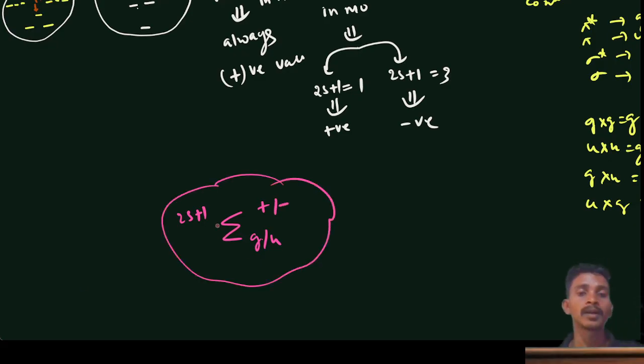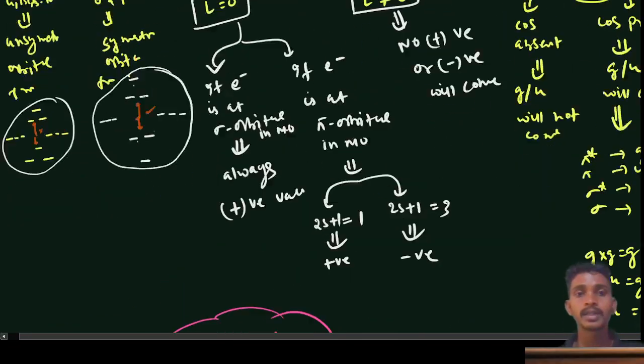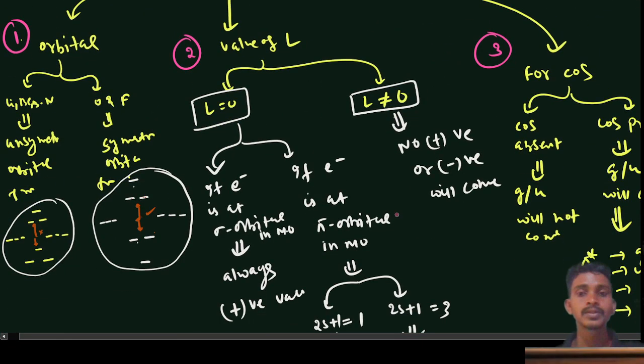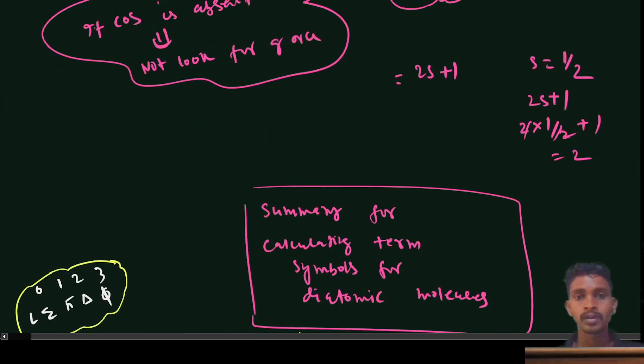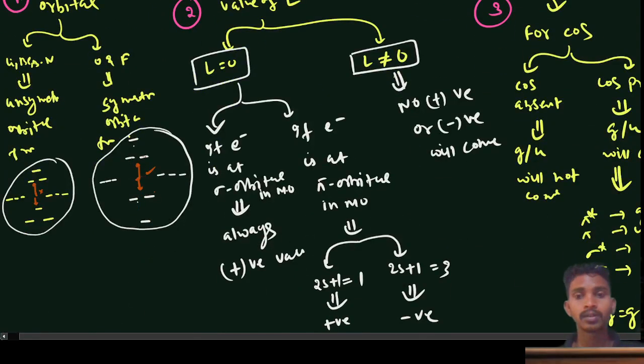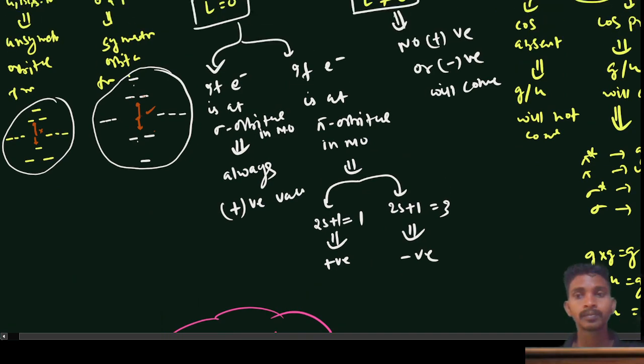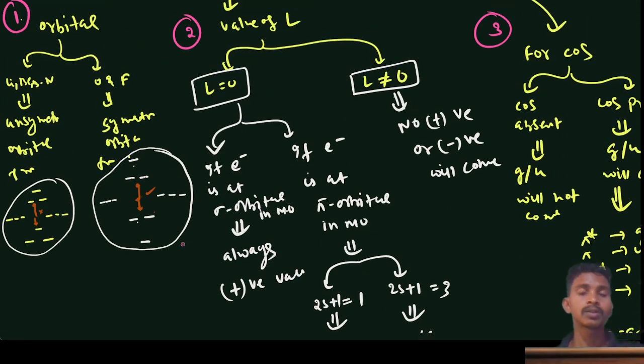We apply these conditions for all the molecules to get the term symbols. You can screenshot this and understand the conditions to look at whenever you calculate for diatomic molecules.